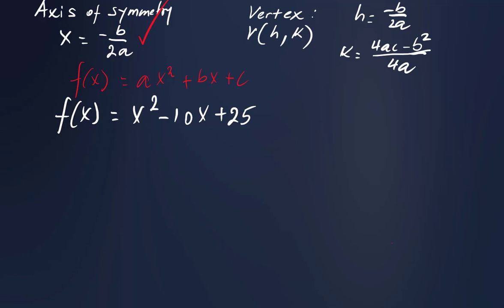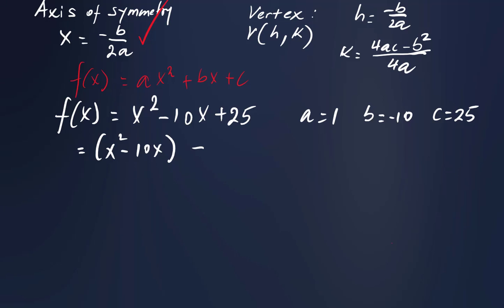f of x is equal to x squared minus 10x plus 25. You can say a is equal to 1 here, b is equal to minus 10, and c is equal to 25. You can go ahead and apply these formulas, but I'm going to start by modifying this, putting it in the form x squared minus 10x plus 25.